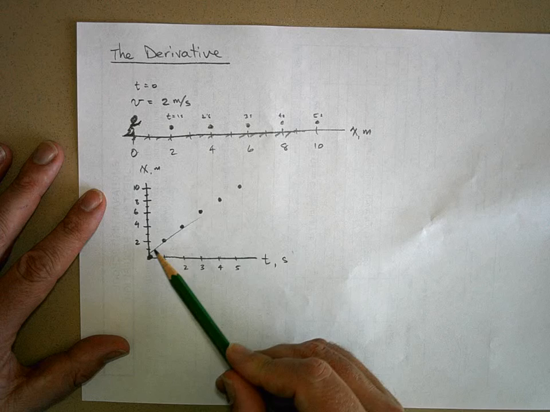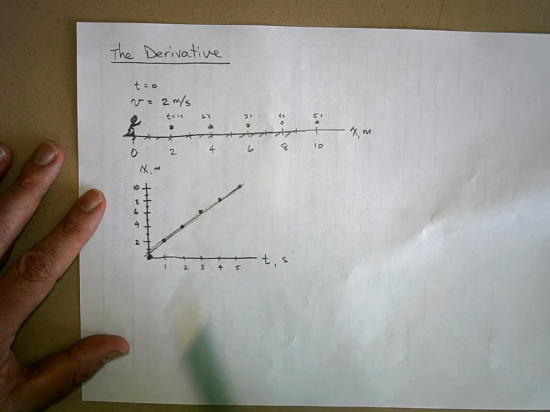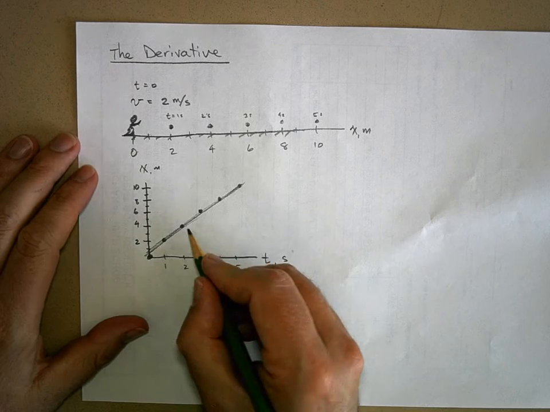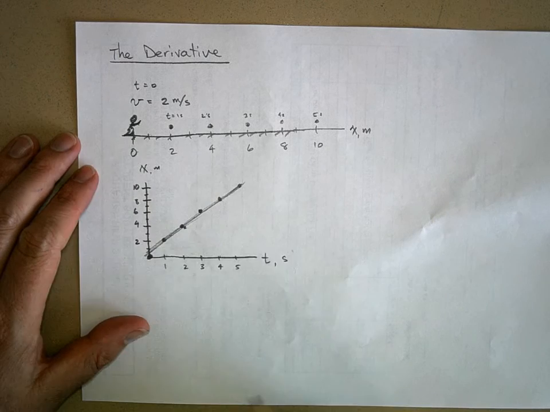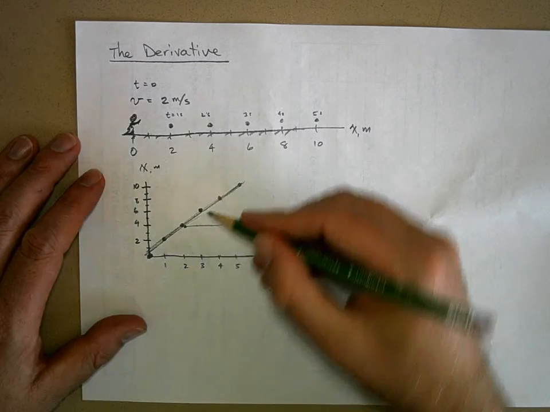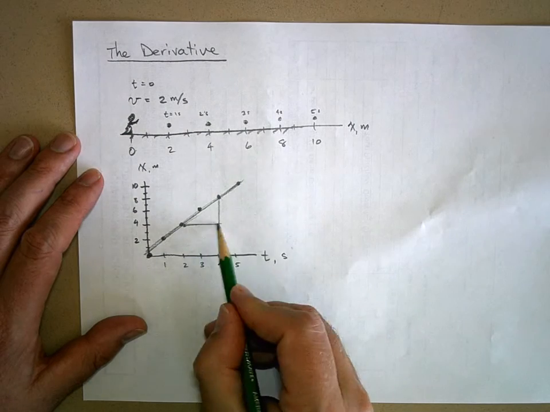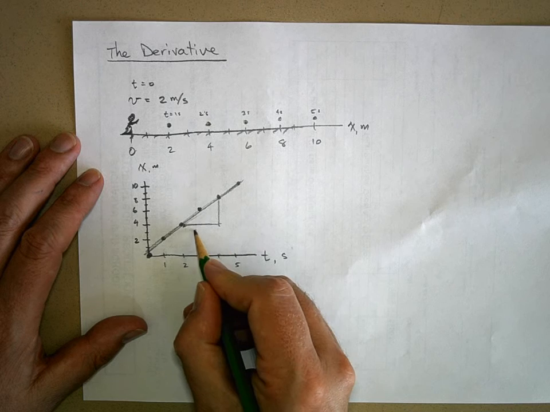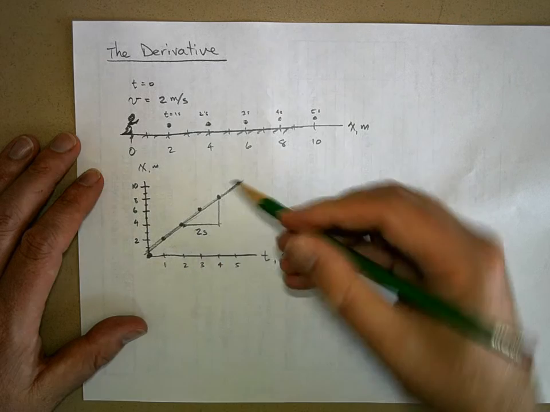So if we graph this, you get a nice straight line, okay? And what we said yesterday is that the slope of this line is the rate at which I'm changing position. So you just draw a little slope triangle, and you say delta t, 2 to 4 seconds, that's delta t is 2 seconds.